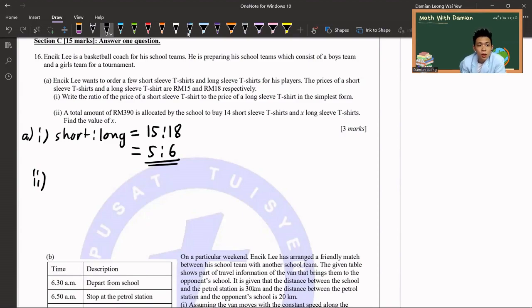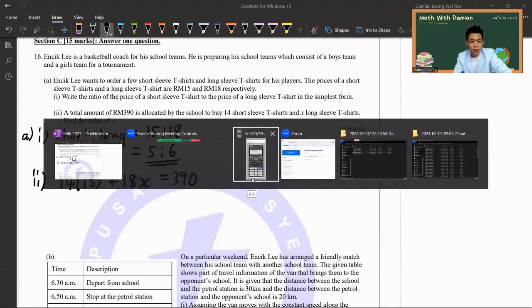Then a total of 390 is allocated by the school to buy 14 short sleeve t-shirts and X long sleeve t-shirts, which means 14 times the price of a short sleeve t-shirt, which is 15 ringgit, plus 18 ringgit times X number of long sleeve t-shirts, because each long sleeve t-shirt is 18 ringgit, so 18 times X, added together should equal 390.